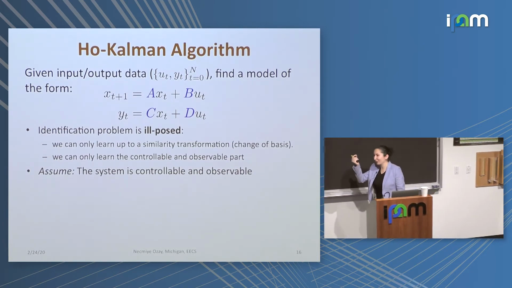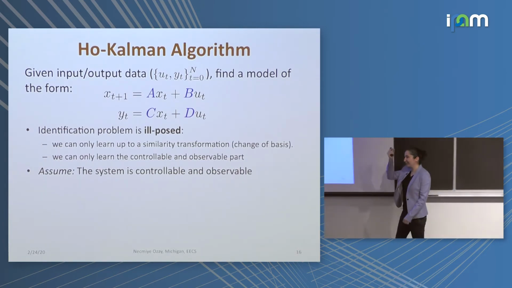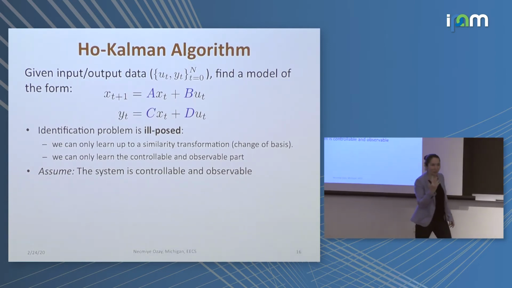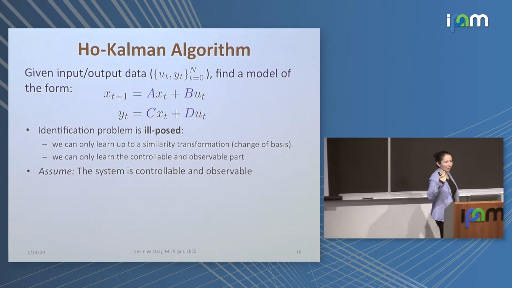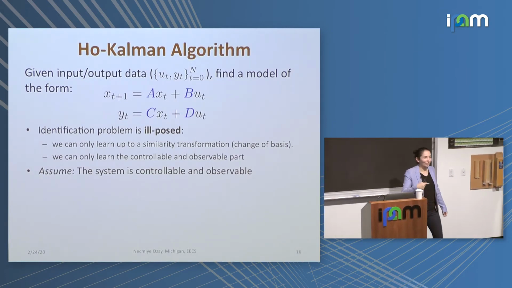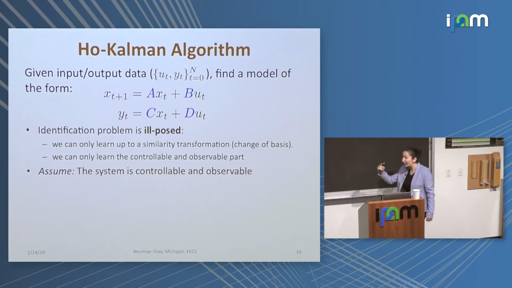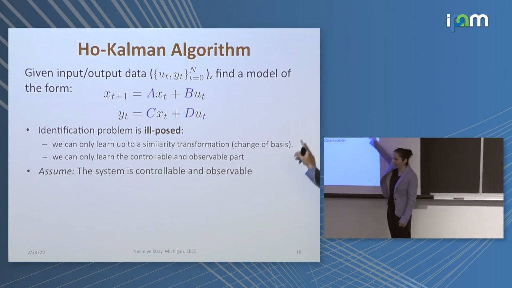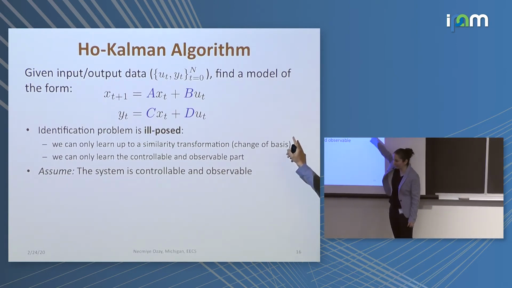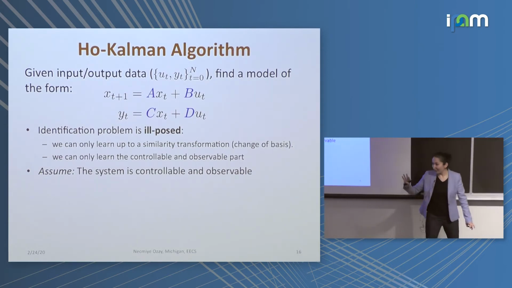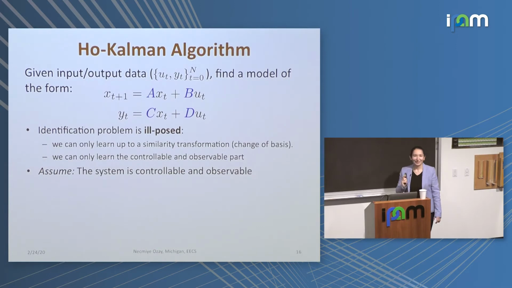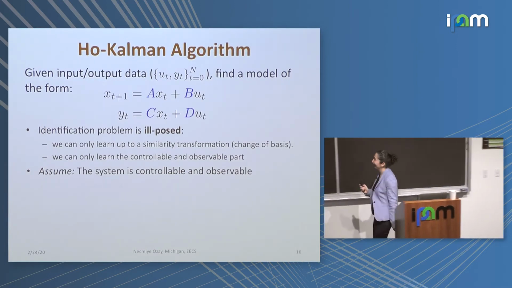We are assuming a noise covariance, and there's extra information in the noise covariance that sort of messes up this ill-posedness, or learning up to a similarity. So you can possibly extract a little bit about that similarity transformation by looking at your noise covariance. But we are not dealing with that. Okay, that's a very good point.